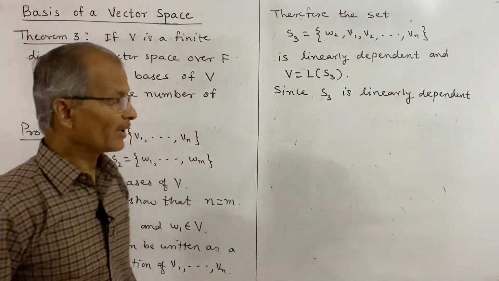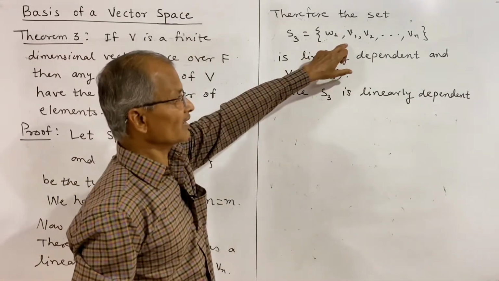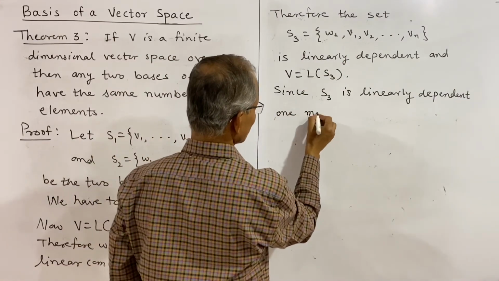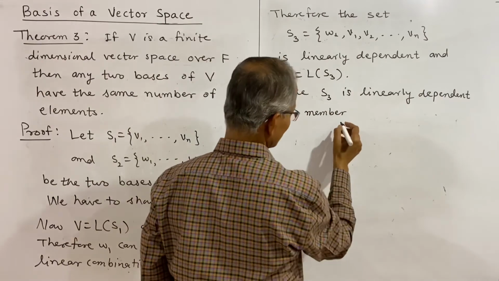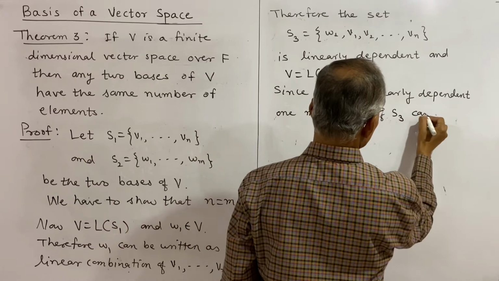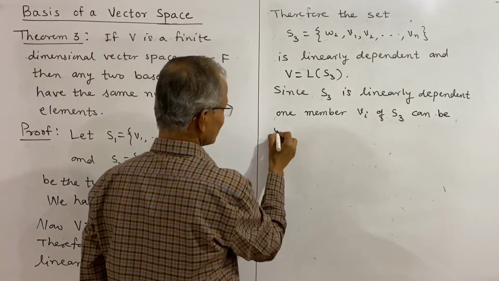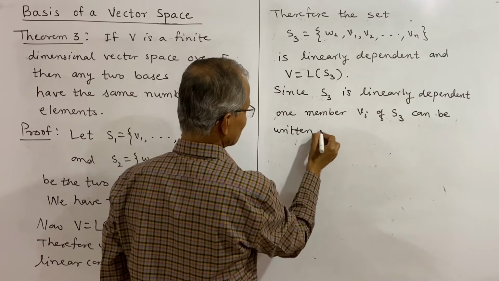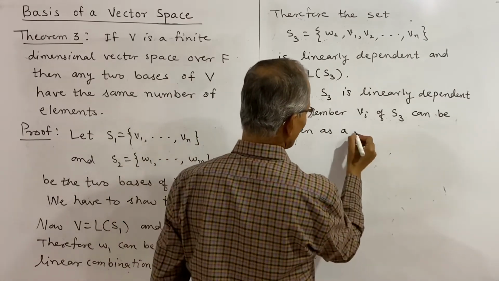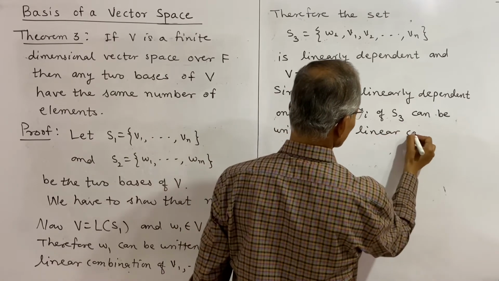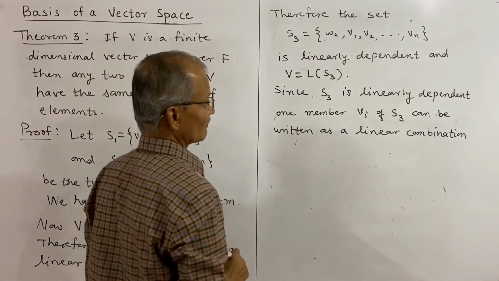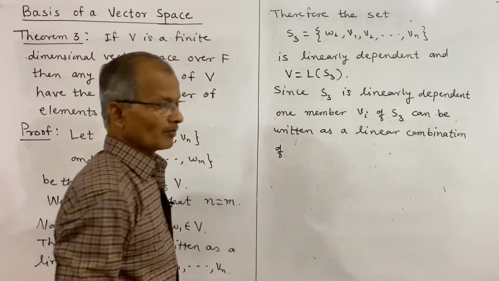S3 is linearly dependent. One vector of S3, say Vi, one member of S3, can be written as a linear combination of preceding vectors.